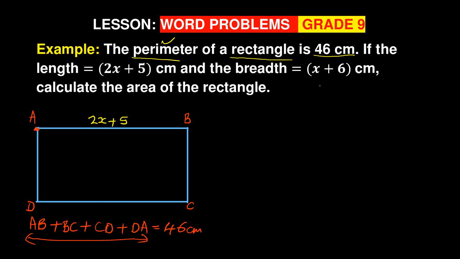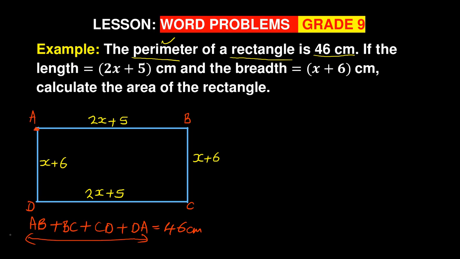And they are also saying the breadth, which is from B to C, is x plus 6. So that is what we're given. Remember, this is a rectangle, two sides are equal, AB and DC. So also here it will be 2x plus 5, and on the other side also AD will be x plus 6. So now they are saying calculate the area of the rectangle.